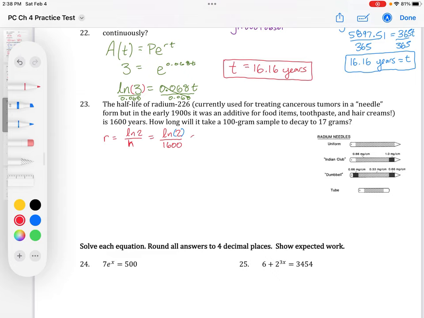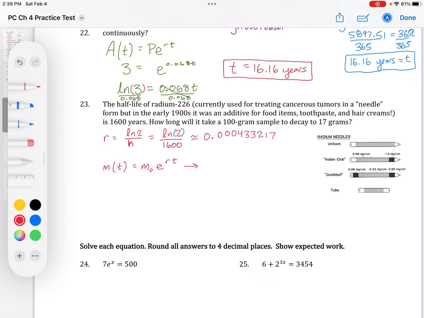When you do this, I keep as many decimal places as I can, and I usually just use everything that's in my calculator. So your rate is 0.000433217. I know that feels like a lot of decimal places, but it makes your answer more accurate. Now we use our formula for half-life, which is m of t equals m naught, your initial mass, times e to the power of rt.